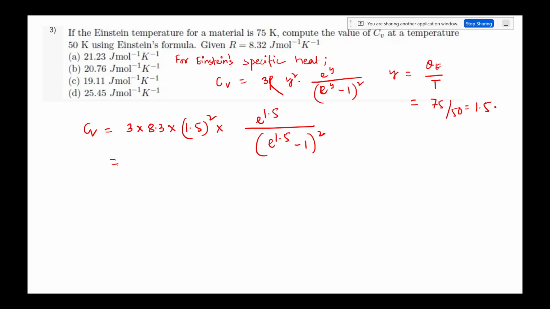Sir, option B. Just a minute, I'm calculating. Okay. Yeah, option B is coming, 20.7479, something like this.